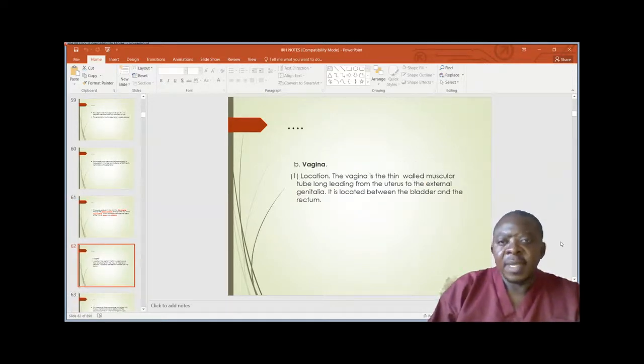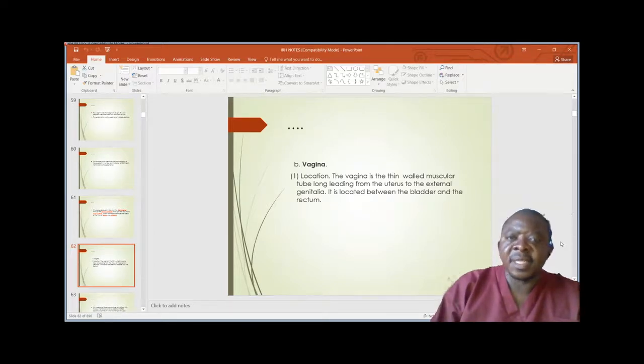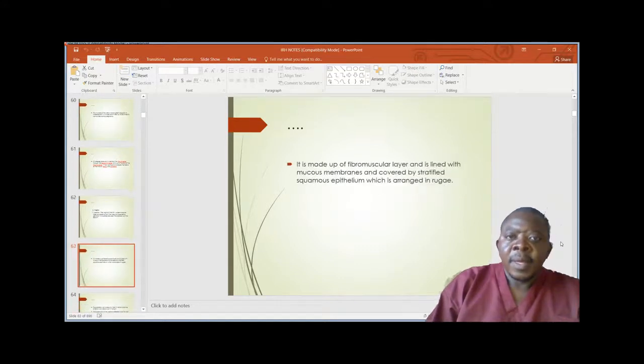Vagina. The location is that the vagina is a thin-walled muscular tube leading from the uterus to the external genitalia. It is located between the bladder and the rectum. It is made up of a fibromuscular layer and it is lined with mucous membranes and covered by stratified squamous epithelium, which is arranged in rugae.